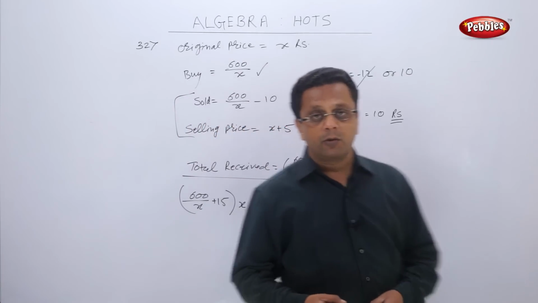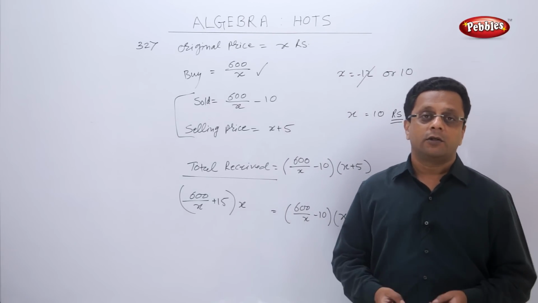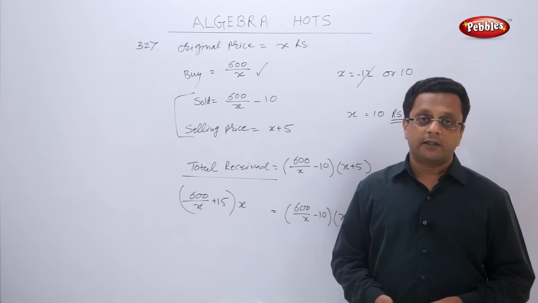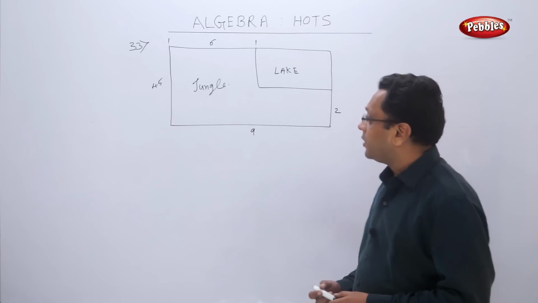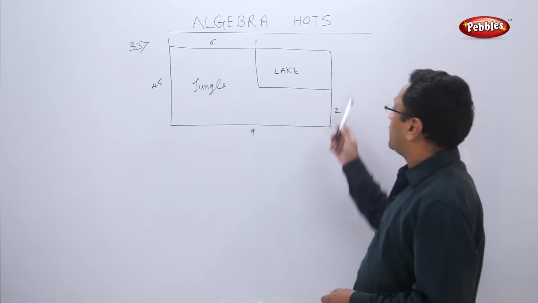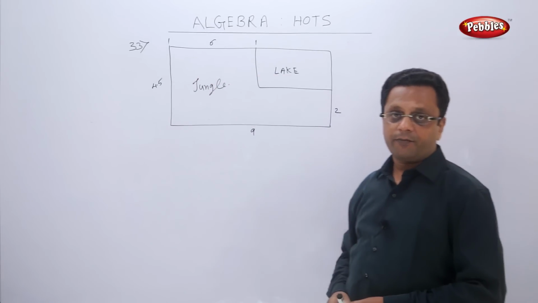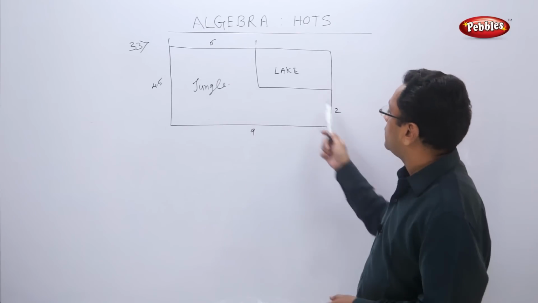Shall we move ahead to the next and the last example of the HOTS and the last example of algebra? Example number 33. Now they have given one figure, one rectangle, the complete rectangle area. In this area, this is the lake, this is the jungle.